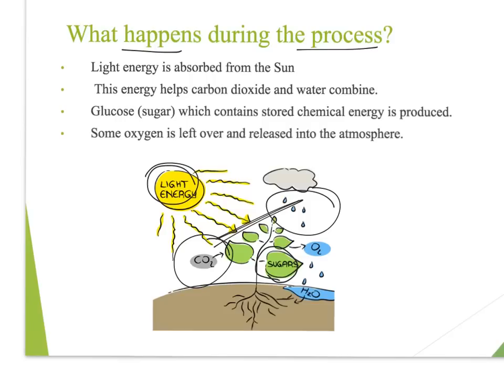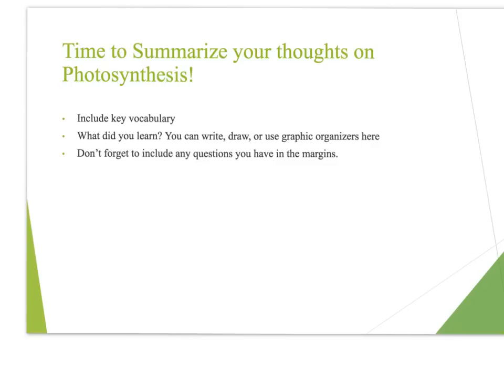And through that process, you're going to have some extra oxygen left over. That extra oxygen doesn't need to stay in the plant, so it's going to be released into the atmosphere, which could then be used by humans or animals. That is the process of photosynthesis.